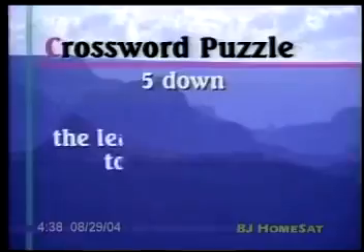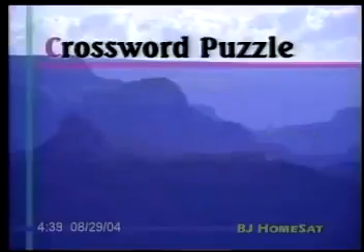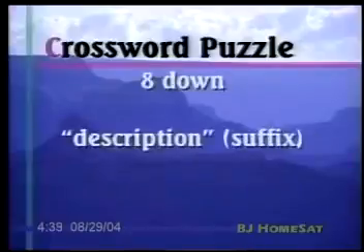Five down. The leading map maker today, and it's just the initials of the leading map maker today. Okay, that should be an easy one. Eight down. Description. This is the suffix for description. Think of the subject that we're studying.